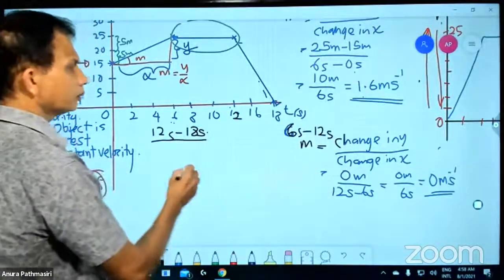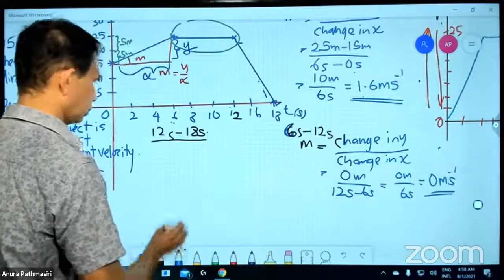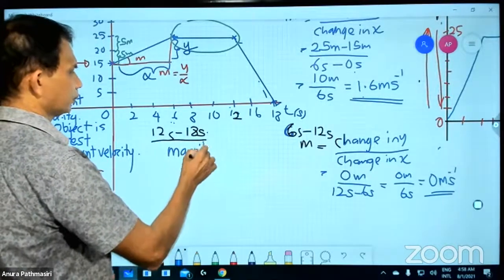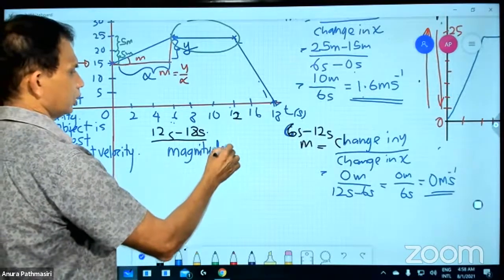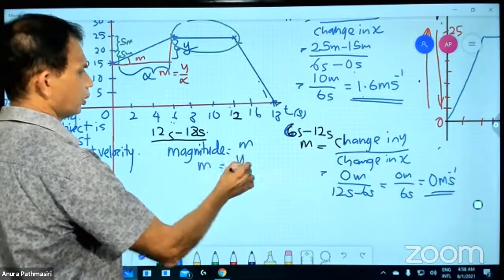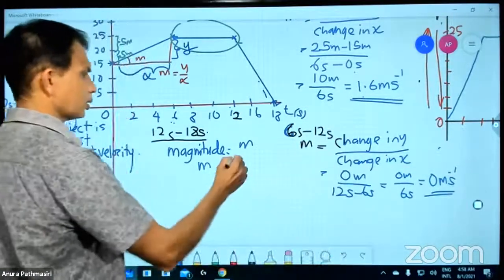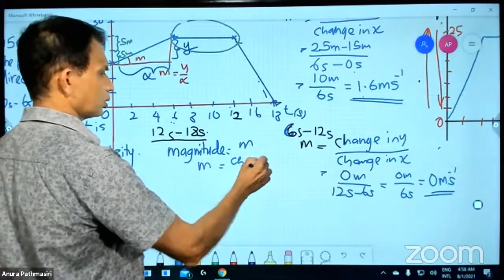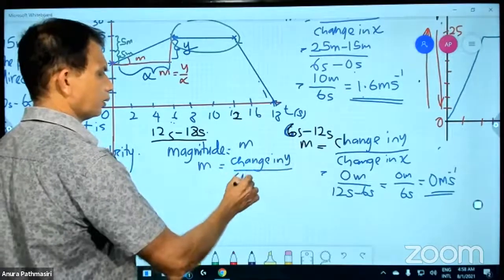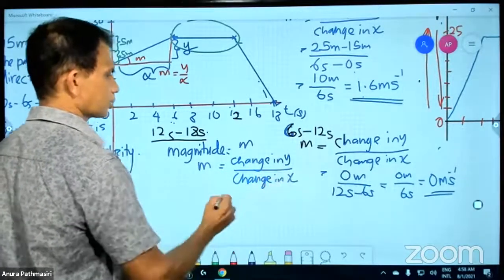As usual, magnitude m equals change in y divided by change in x.